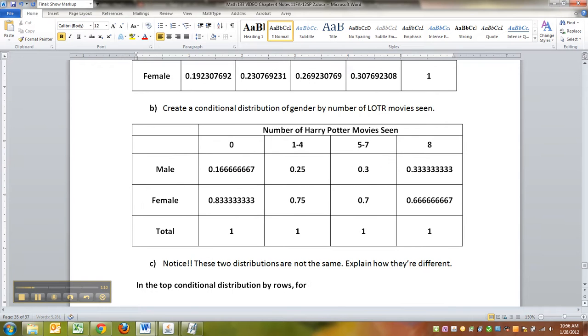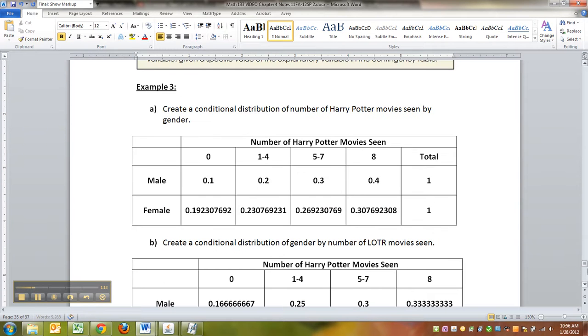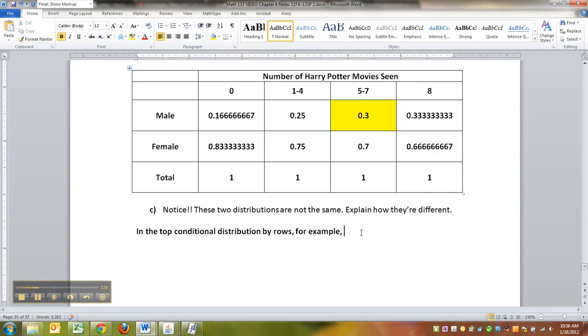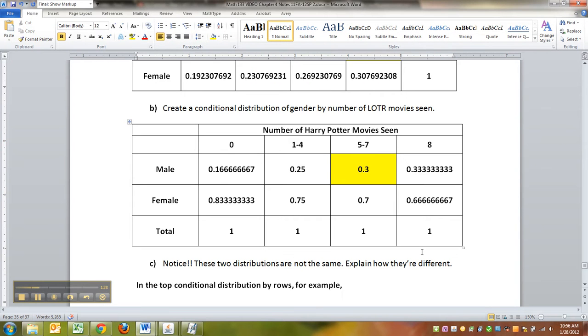For example, let me highlight this cell. So this cell right here, how is that different from this cell in the same position down here? Let's look at those two. Okay, so the 0.4 means that of all the guys in the class, 40% of them had seen all 8 movies.